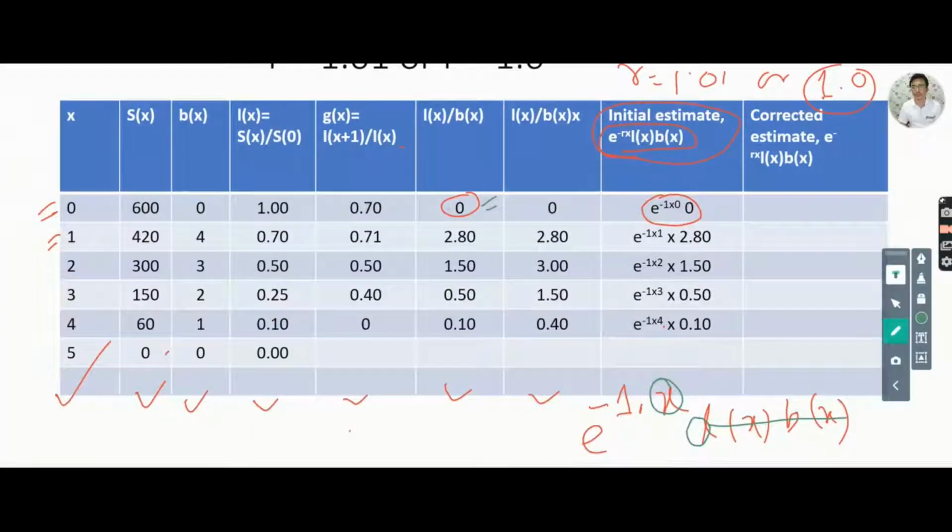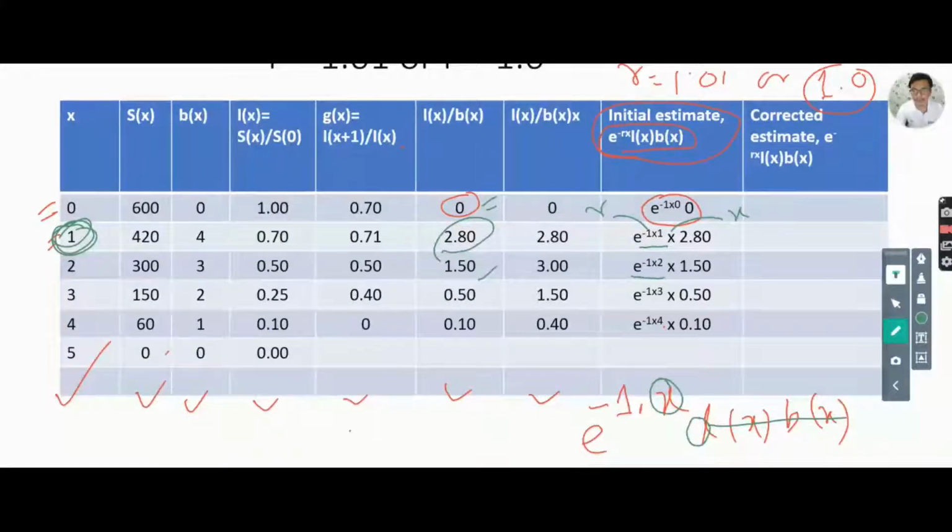Now you can find the second one similarly, e to the power minus 1 into 1, because x is 1, right? You can see the left hand side, 1. So minus 1, definitely first one is r, second one is the x. So lx bx is 2.80, right? Then again third one you can now understand, minus 1 into 2 and lx bx is 1.50.